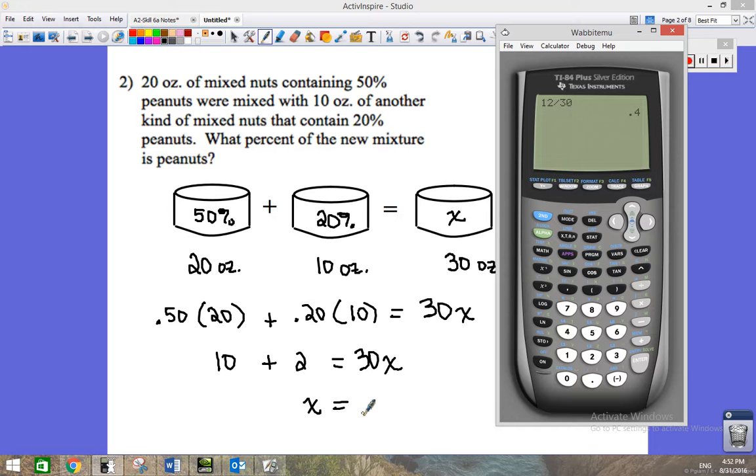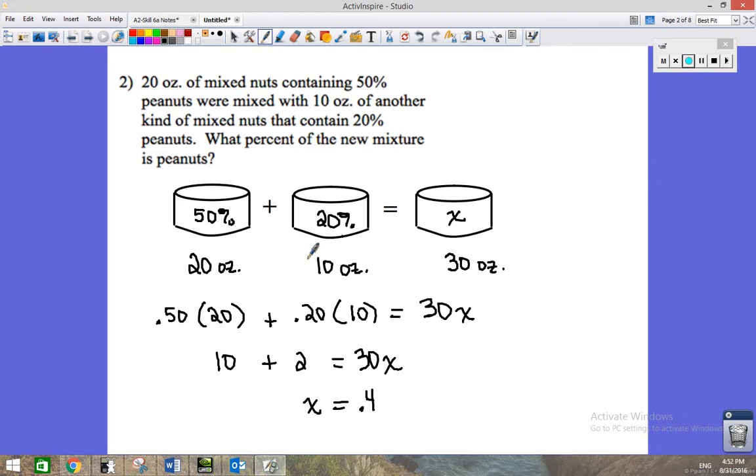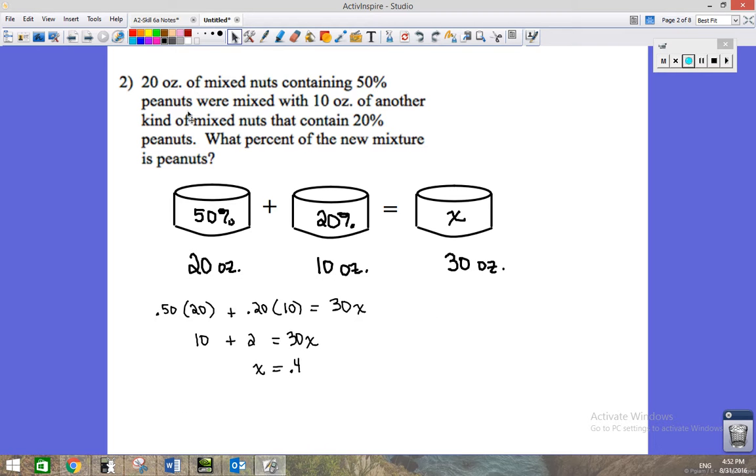I get 0.4. Now, written as a percent, that's 40% because I moved the decimal point over two places. So the new mixture is made up of 40% peanuts.